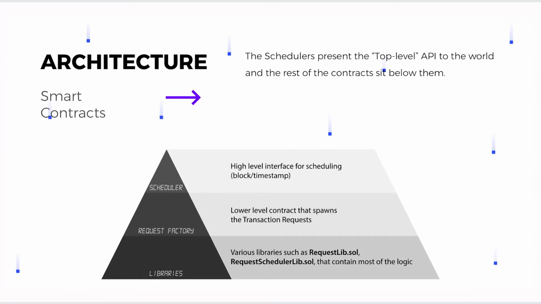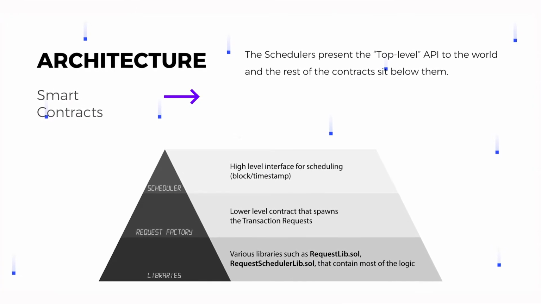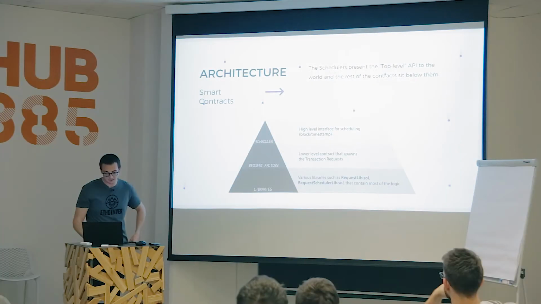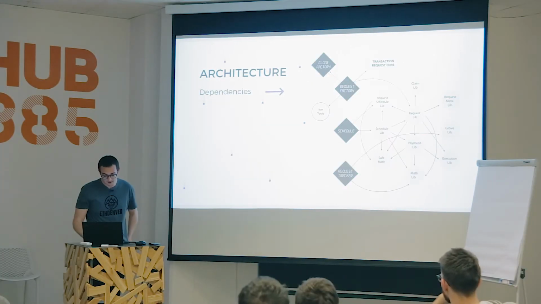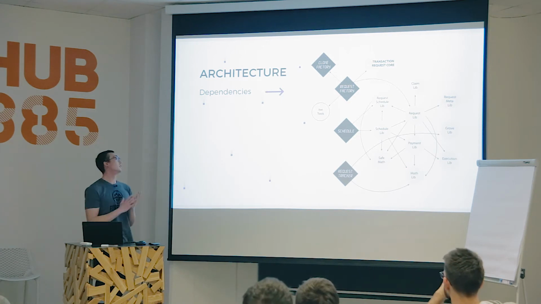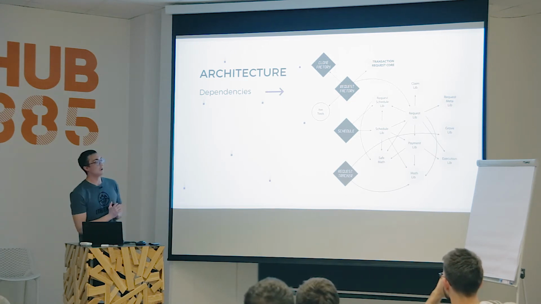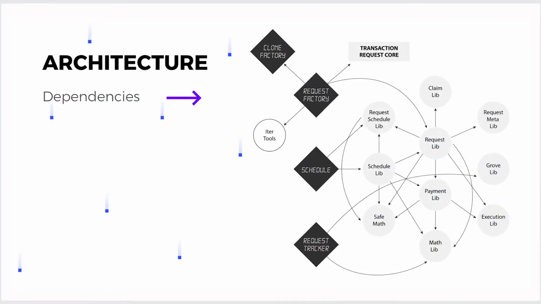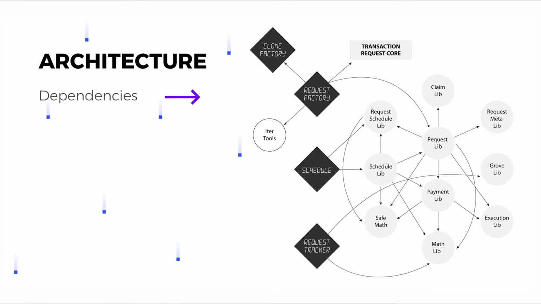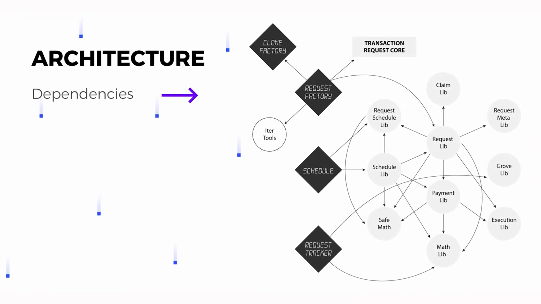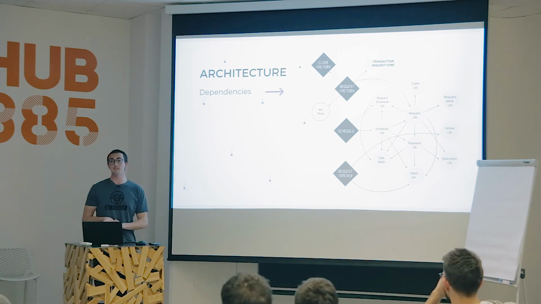So users will be talking to the scheduler, and there's a lot of logic underneath that's being triggered. And here is the contract dependency chart. So there's a lot of libraries written in Solidity that are being talked to for all of this logic. It's one of the larger Solidity code bases.